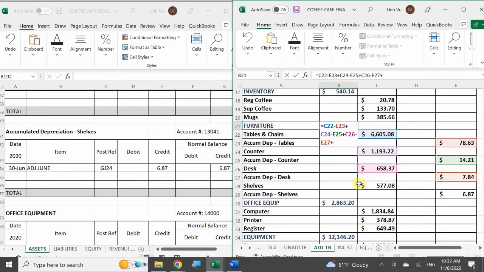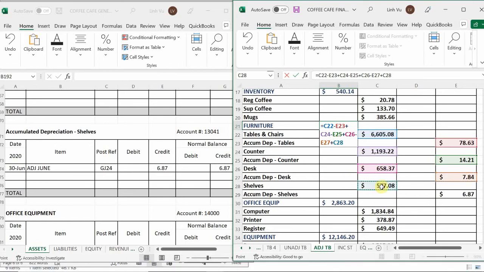And I'm going to add my shelves, but subtract out my accumulated. And that should give me a total result of $8,926.20.